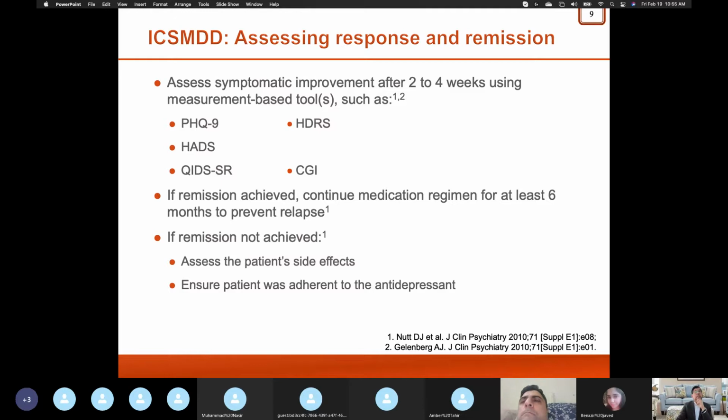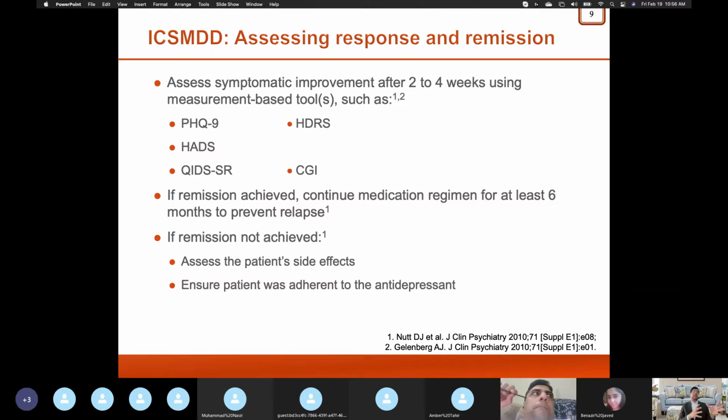Now there are some side effects with all of these medications which we usually don't ask about, like sexual side effects of the SSRIs and SNRIs. They are never asked. And even if they are asked or conveyed by the patient, the patient is reassured and they are not addressed, which is unfortunately a complication.